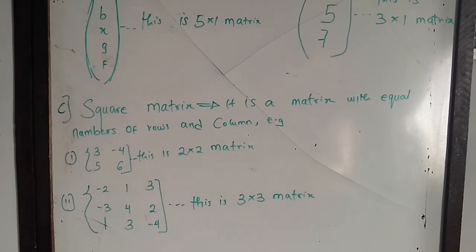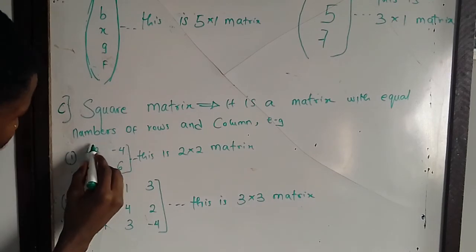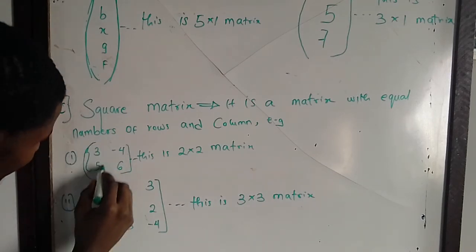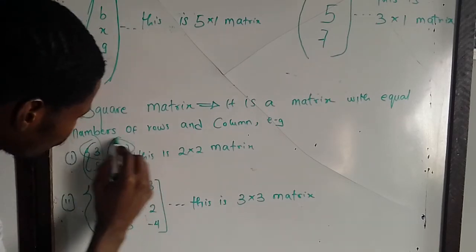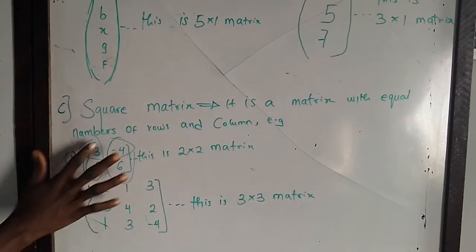A square matrix is a matrix with equal numbers of rows and columns. This is our column, and these are rows.